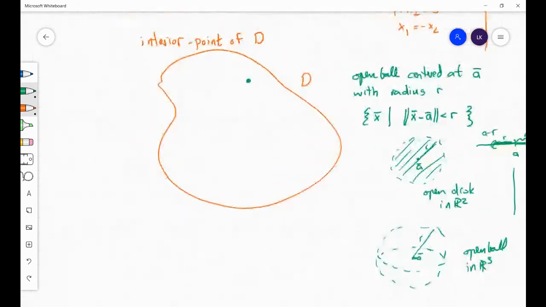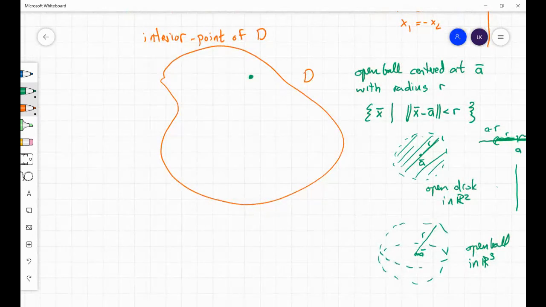But the idea is that if your point is in the interior of some region D, somebody said it fits inside the boundary, yes, but more precisely, there's some radius or some open ball such that it's completely contained in D. Right?